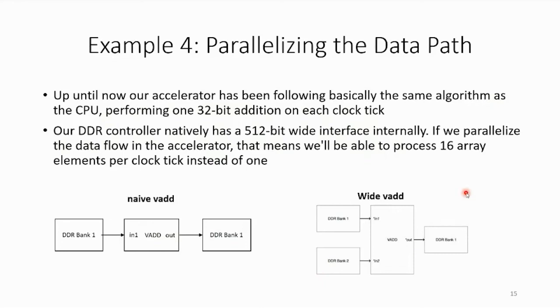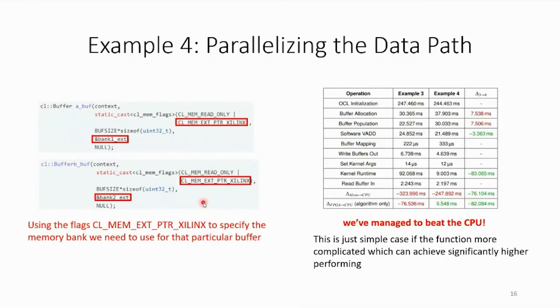But in other cases, maybe you can use more DRAM banks. In this way, we can give the data input bigger bandwidth, so it can parallelize the data path. And we can use this flag, which can specify the memory bank we need to use for a particular buffer. For example, buffer A is assigned to bank 1, and buffer B is assigned to bank 2.